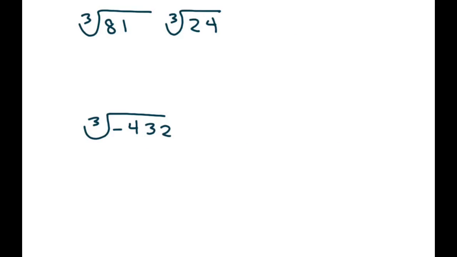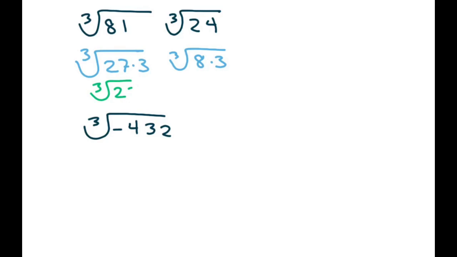Here we have 2 of them put together, so since these are cube roots, I'm going to write this as 27 times 3, and we already did the 24, which was 8 times 3. I'm going to break this up further, so that's the cube root of 27 times the cube root of 3 times the cube root of 8 times the cube root of 3.